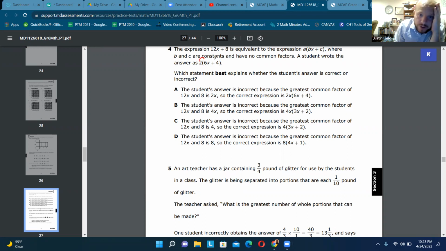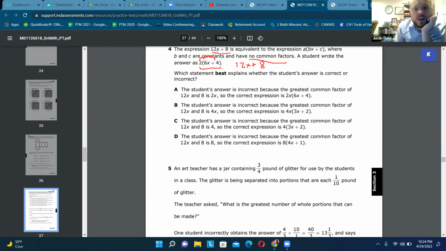If we distribute, then we would get 12x plus 8. But the only thing is, where a, b, and c are constants have no common factors. So this is equivalent to this, but 6 and 4 still have a common factor of 2.